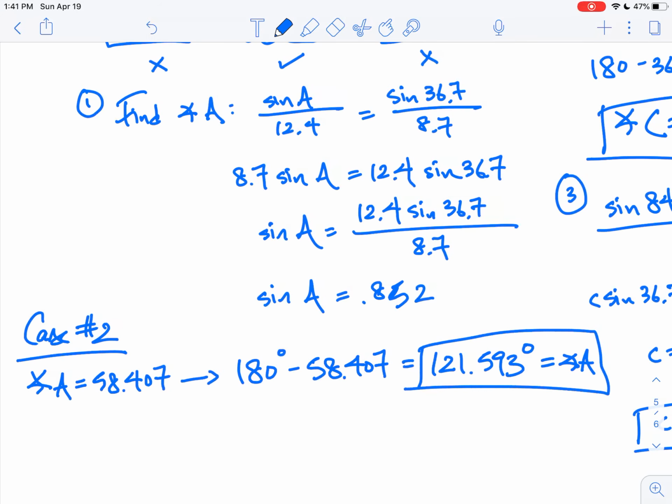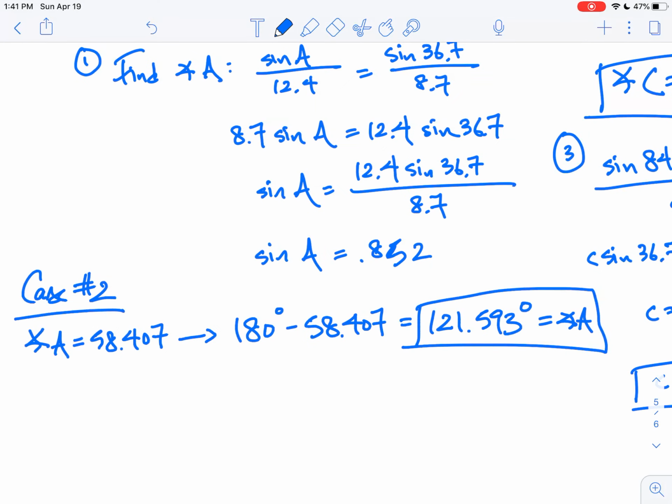All right. So let's see. Will this allow me to find an angle C? So 180 minus 121.593 minus 36.7. Does that give me an angle?